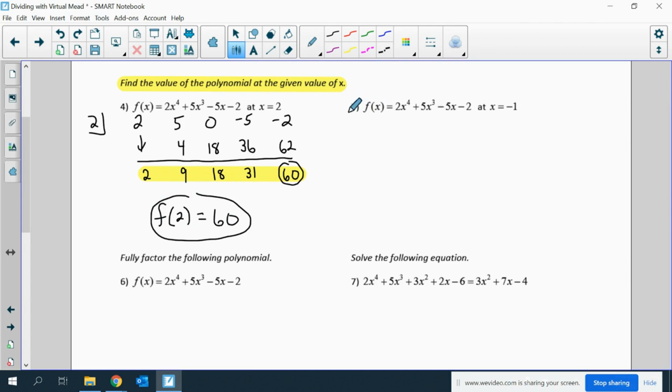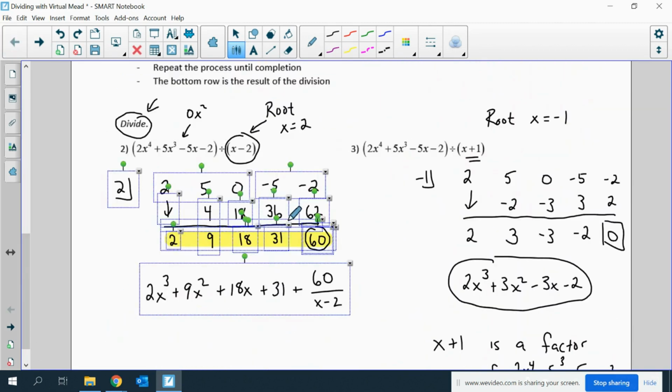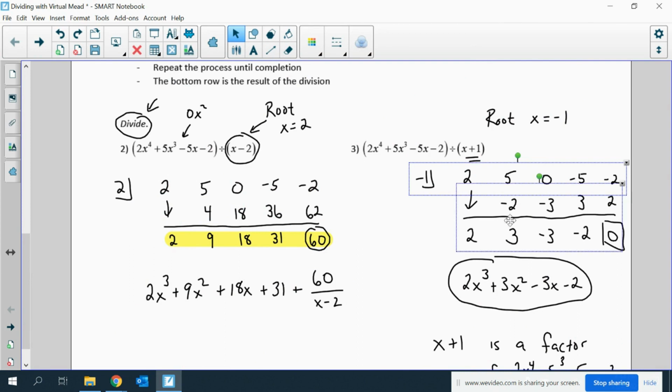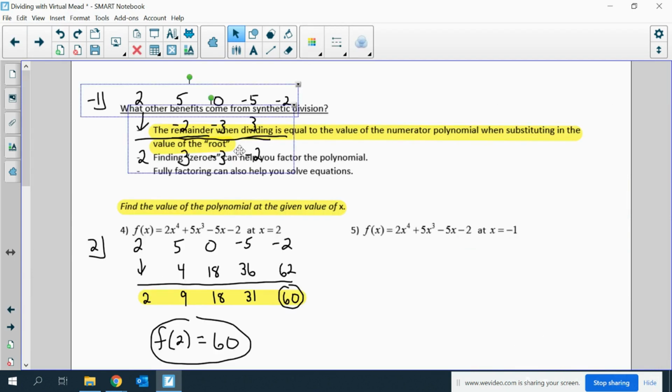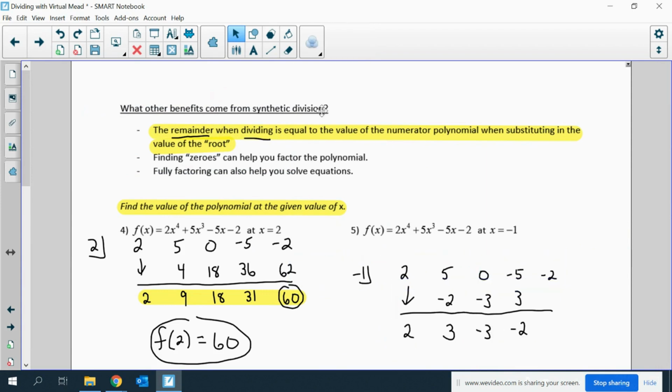So if I did f of 5, or I'm sorry, problem 5, f of negative 1, all of this is something that I could just redo over here. And then I find that my value is 0.